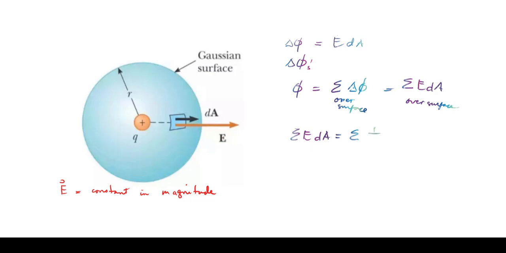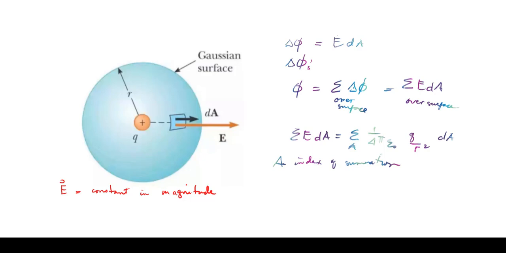Since E is equal to 1 over 4 pi epsilon naught, q over r squared, this is equal to that times the summation of dA, where the index of summation indicates that the sum is over the total area bounding the spherical volume, so the total surface area.